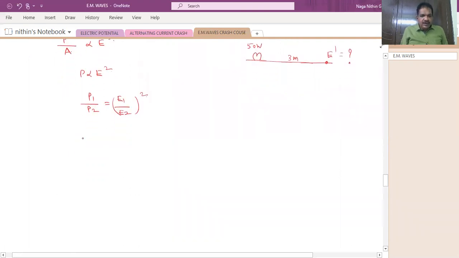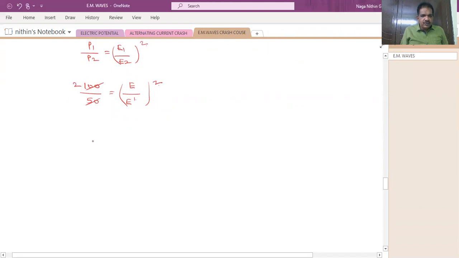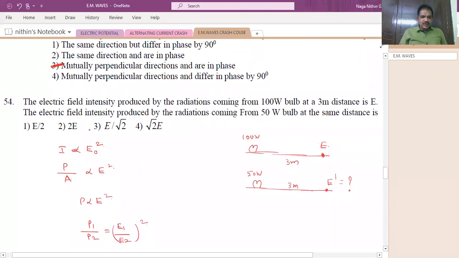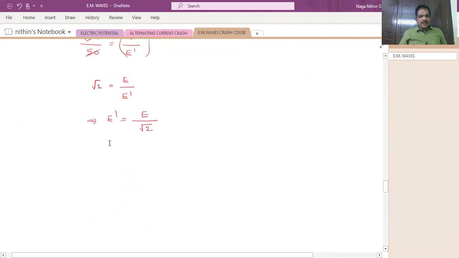Here this will be 100 and this will be 50 watt. This is E and this will be E dash whole square. 2 times will cancel, so root 2 is equal to E by E dash. E dash is equal to E by root 2. This is the answer for it.